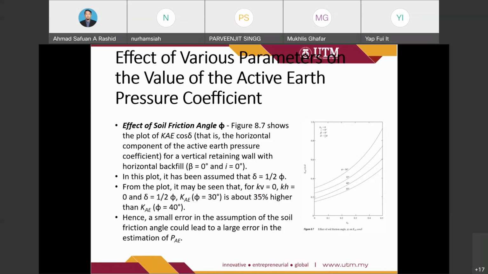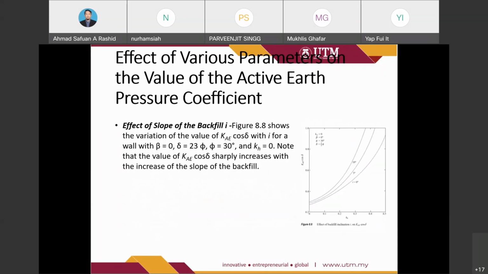So please make sure that we get the right value of the phi, obtained from the undisturbed sample from the laboratory test, in order to reduce the effect of the soil friction angle.